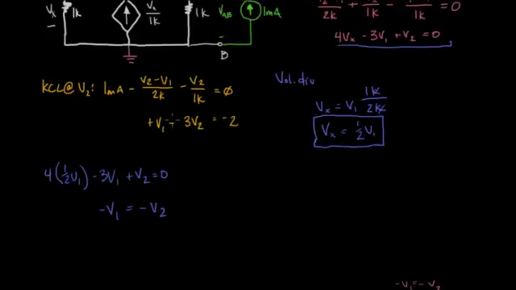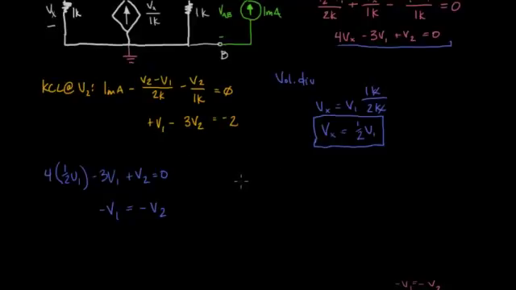So now we don't really even have to do a system of equations here. We can just plug into either one of these and solve for both V1 and V2. Let's plug into this one, and we'll just plug in V2, since V1 equals V2.